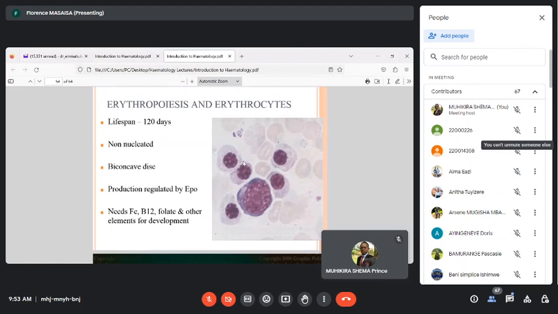It's usually regulated by the production of erythropoietin, but apart from erythropoietin, we also need micronutrients like iron, folic acid, vitamin B12, and other elements like thyroid hormone to facilitate erythropoiesis.